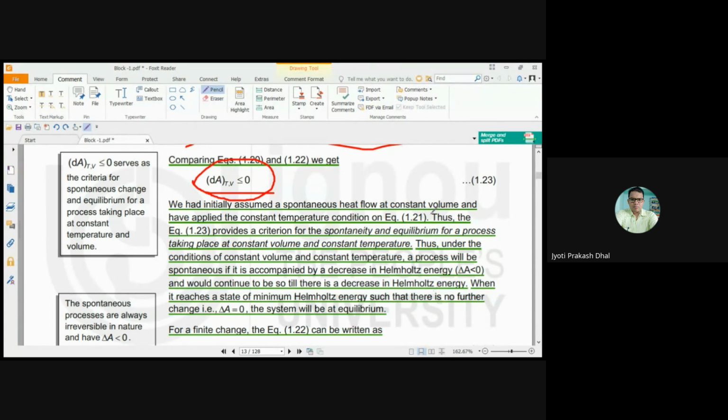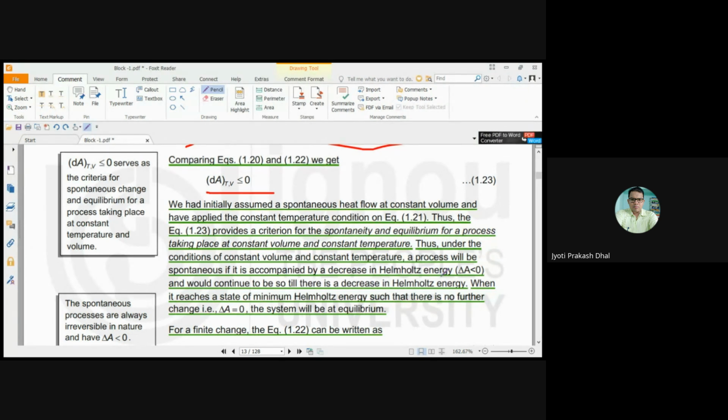So thus, under the condition of constant volume and constant temperature, a process will be spontaneous if it is accompanied by a decrease in Helmholtz free energy.